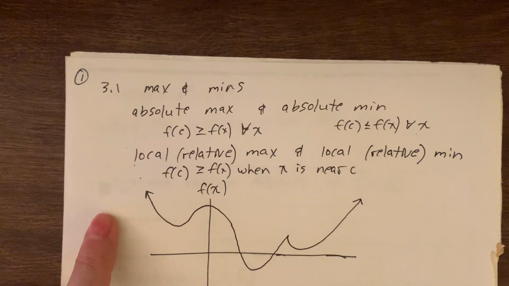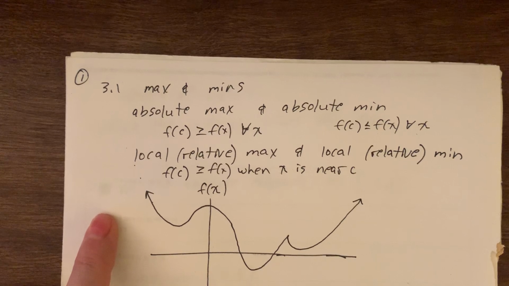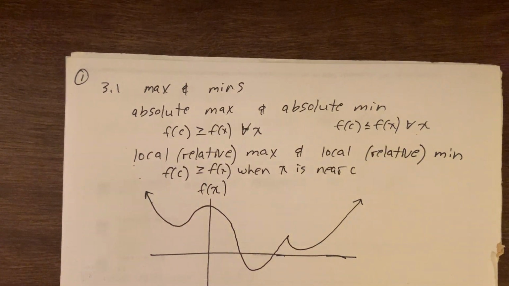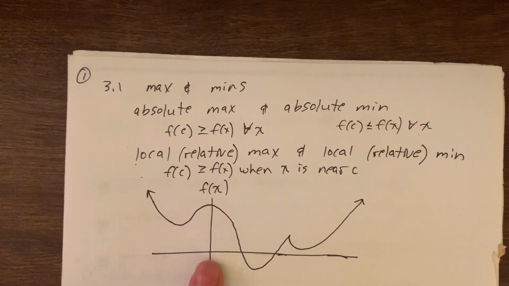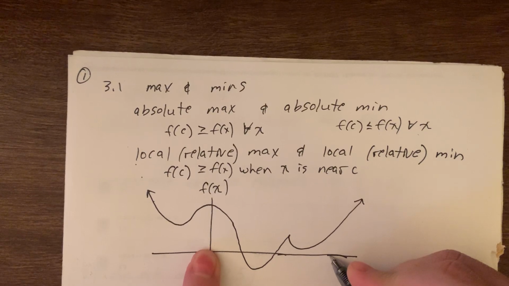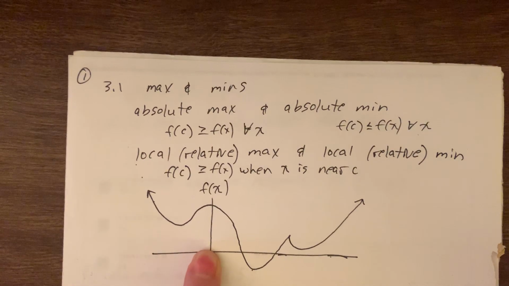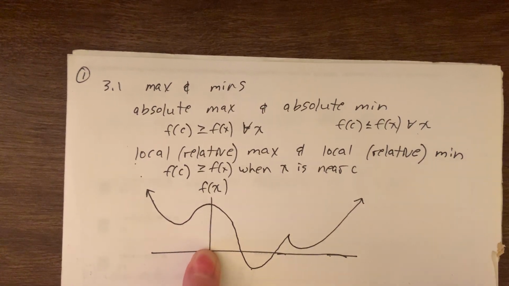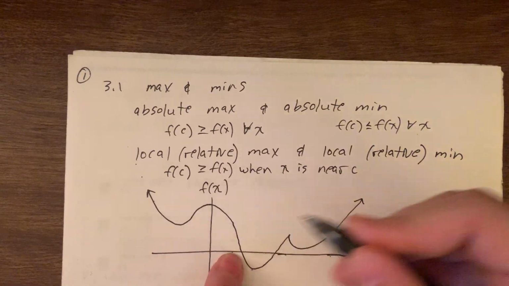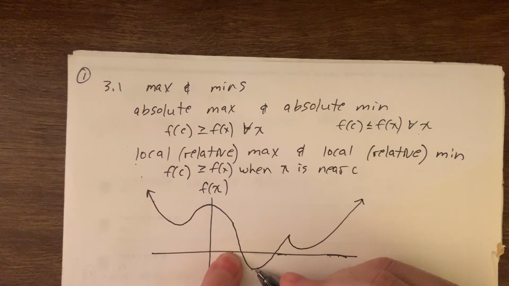But as I said a moment ago, when we talk about absolute max and mins, we almost always are considering some interval. So all we do, we take that same idea and we apply it to an interval. So if I only want the absolute max and min from here to here, well, now I could clearly see this is the highest point and this is the lowest point. And there's your max and there's your min. If I wanted to go from, say, maybe here to here, well, this still is my lowest point.